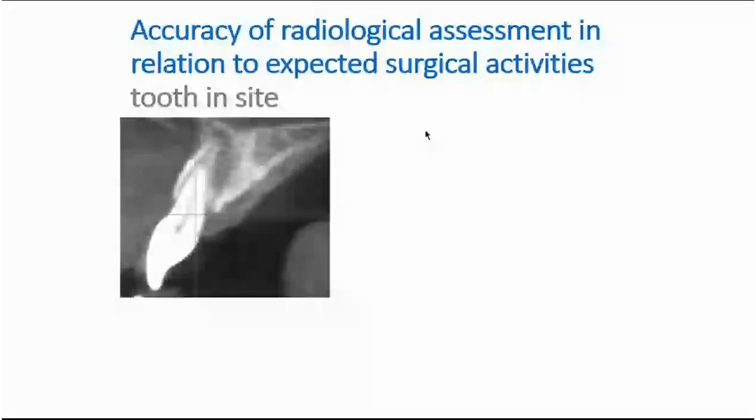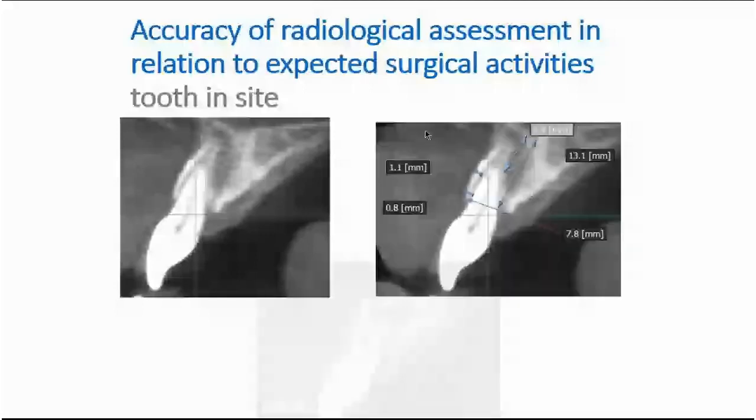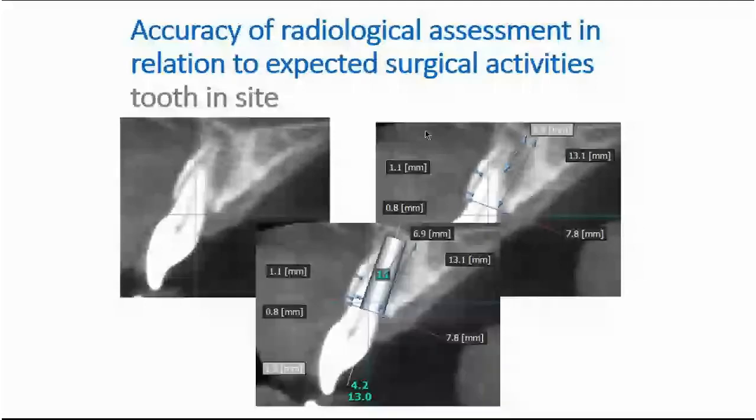Also, when we go further, we should look at the accuracy of the radiological assessment if we have a tooth present in the situation. Whatever measurements or implant projections we make on that specific place, we should take care whether we will be able to remove that tooth as easily as we would like, or whether we should apply some tools or techniques for a less invasive extraction of the tooth.